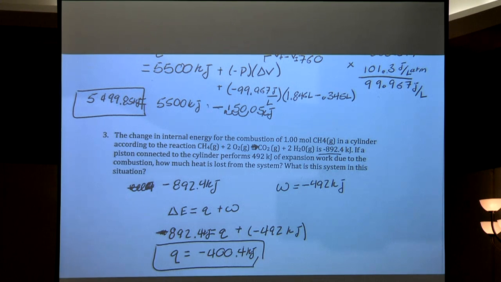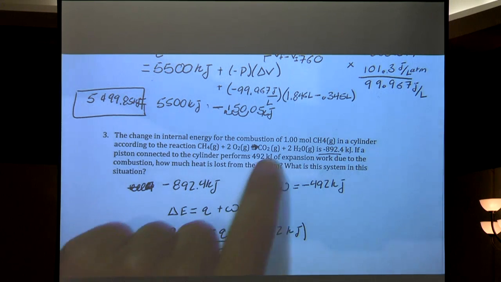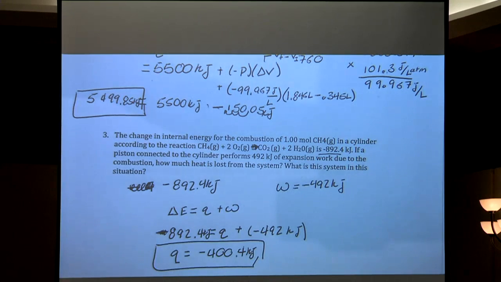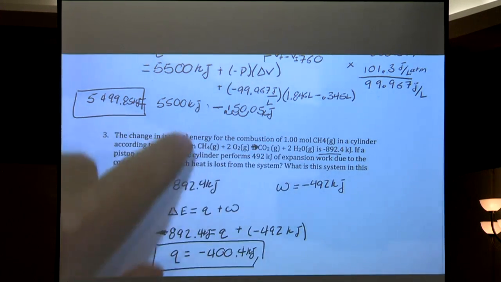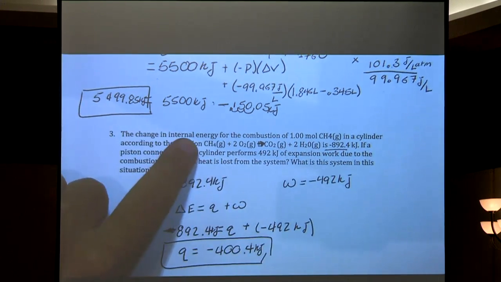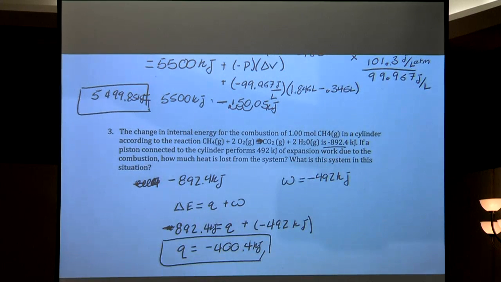Because we know the reaction puts out, we're burning 1 mole of methane, so this reaction has 1 mole of methane, puts out that much energy, okay? And we know energy is broken up for our purposes into heat plus work. So we have a work value, so we just subtract it out, or add it out in this case, and we find our Q value, okay?